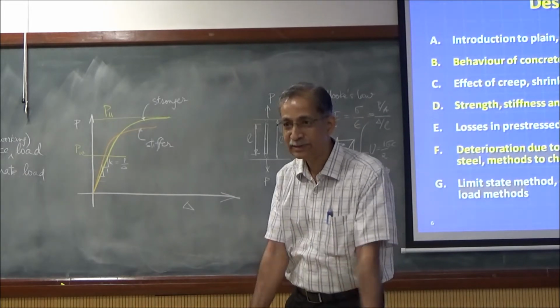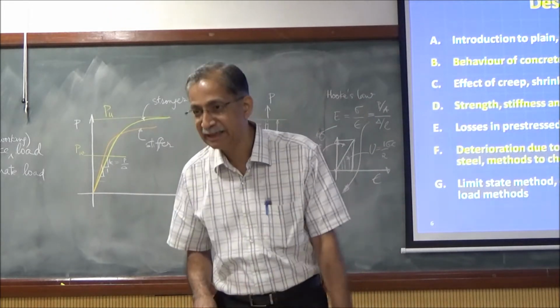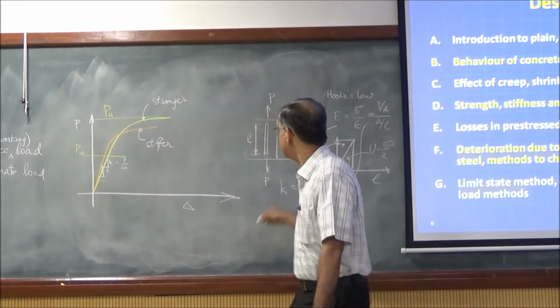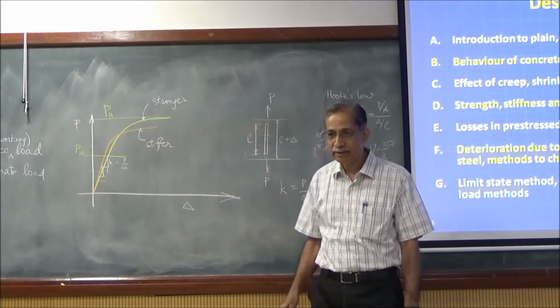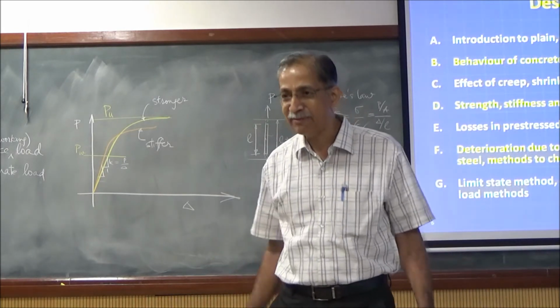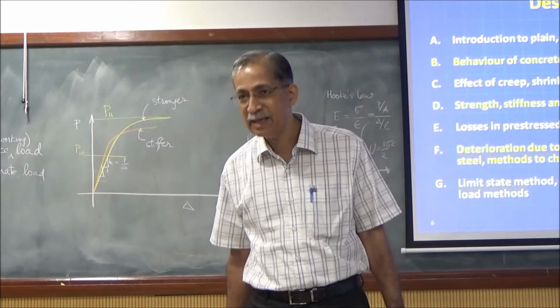I'll ask you a question. Don't get confused between displacement and strain. Is the force the same everywhere if you take a free body? Yes. Is the stress the same everywhere? Yes or no? Yes.